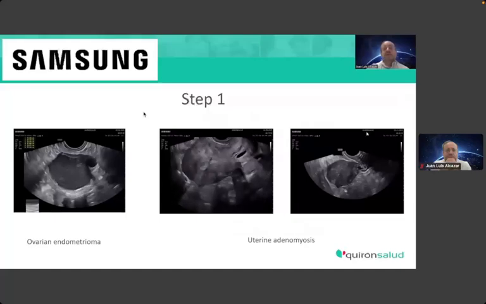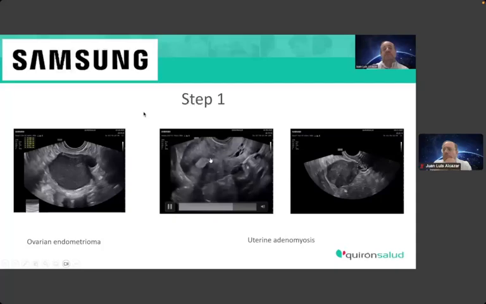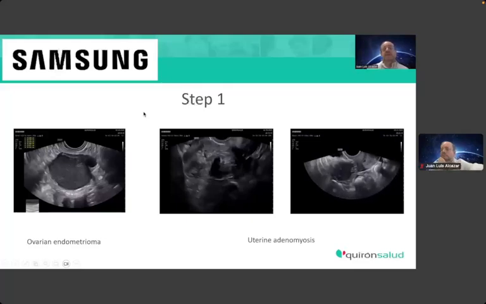Step 1, as I told you, is the search for sonographic signs of adenomyosis, as you can see in these 2 videos, and also the detection of the presence of ovarian endometrioma in one or both ovaries.